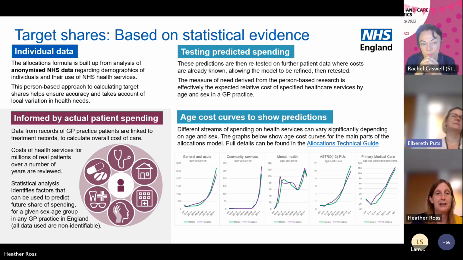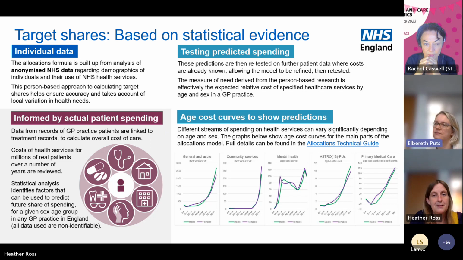But when we're actually using the models to work out how to distribute resources, we sterilise the supply variables and set them to the national average so that we are doing those predictions based on need and not based on access to services. And as I said, you'll hear about a particular example of how we developed a model in the next section from Daniel.